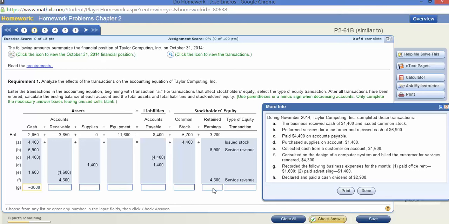So we're going to have expenses here of $3,000, which lowers retained earnings by $3,000, and this is categorized as expenses. Expenses are causing retained earnings to drop by $3,000. That's $1,600 plus $1,400.